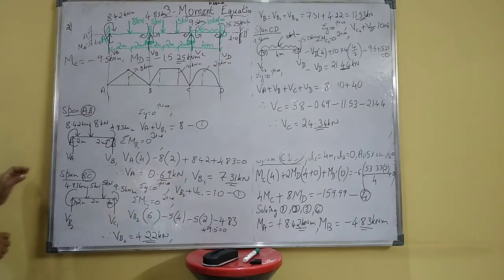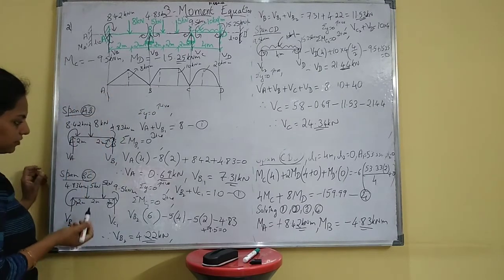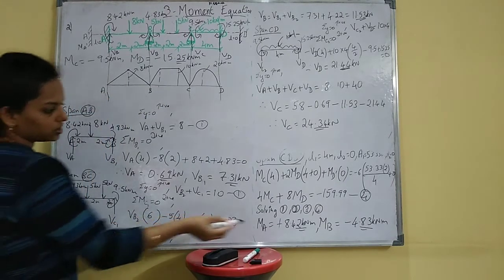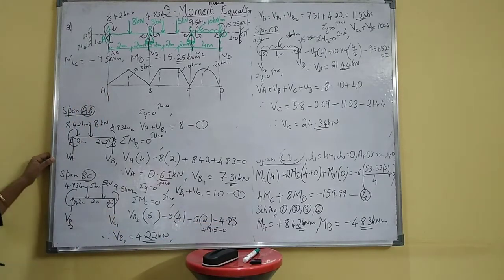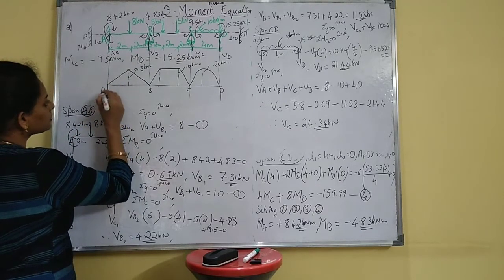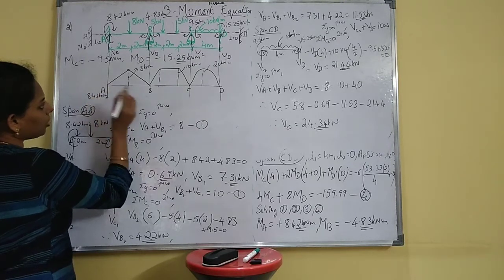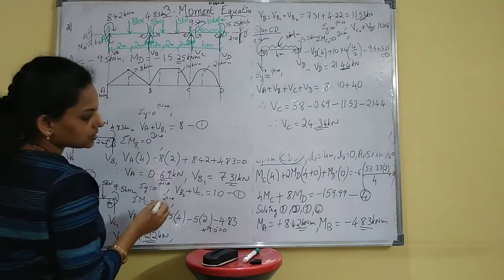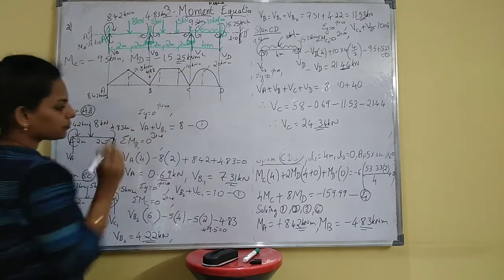Now to mark the joint, these are positive values. Now mark the joint moments. Here first MA is positive, that is plus 8.42. Okay. So for this case I'll draw here, that is plus 8.42. Next all negative. B is minus 4.83.